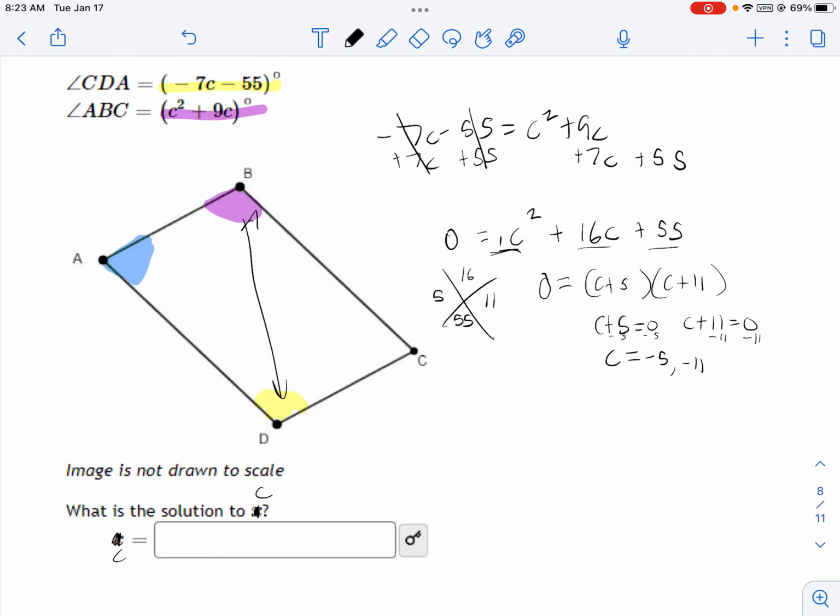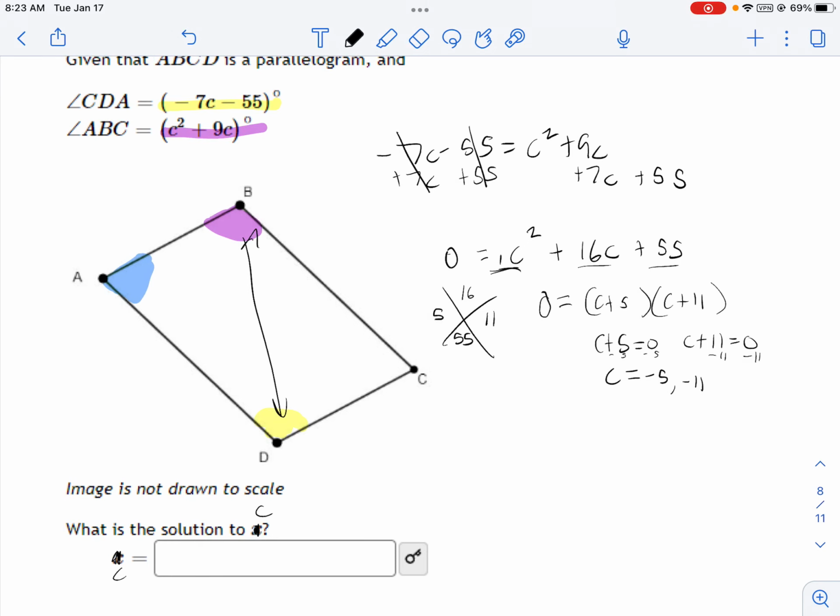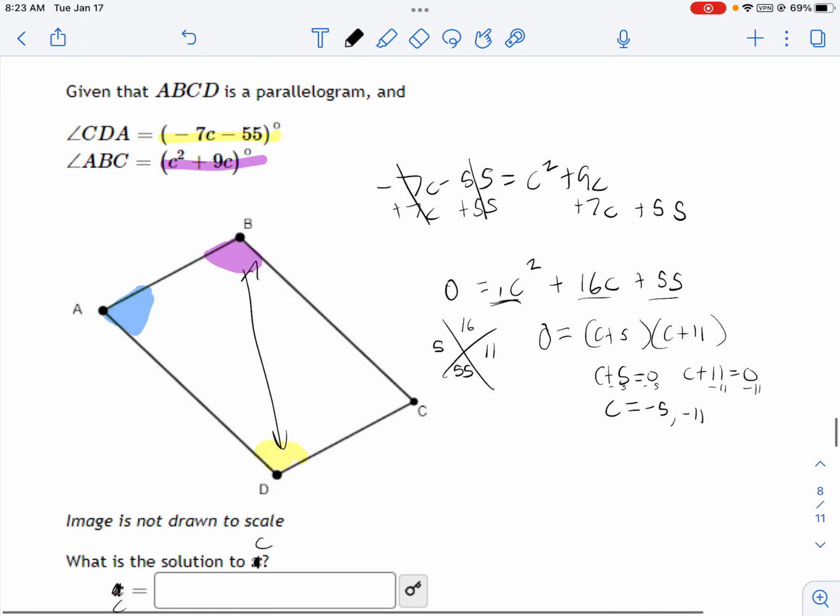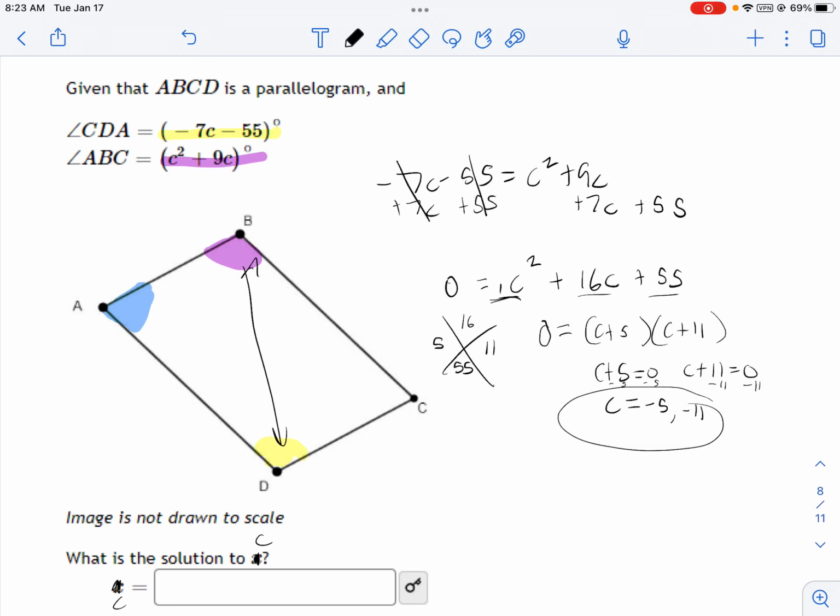You do have to double check that your solutions are even valid, so plug them back into your originals and make sure they work. How you double check is that we should be getting only positive numbers back when we plug these in, because in a geometric figure, negative angles don't make a lot of sense.